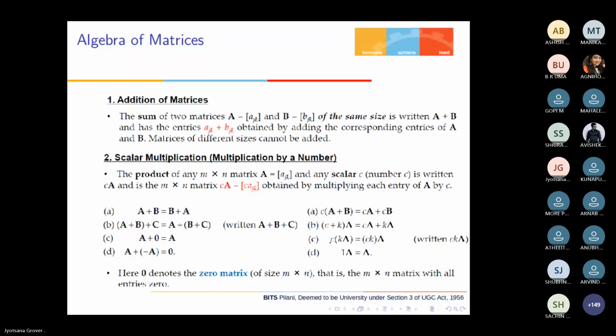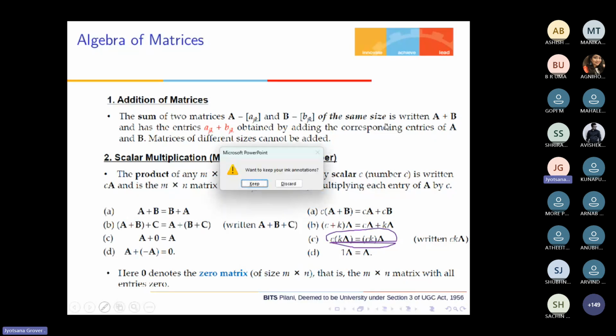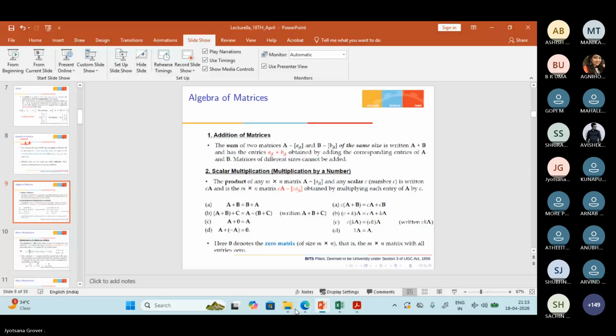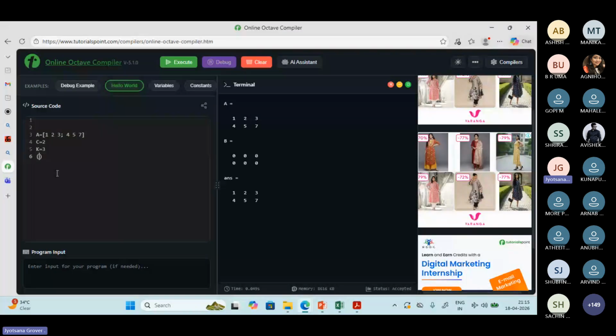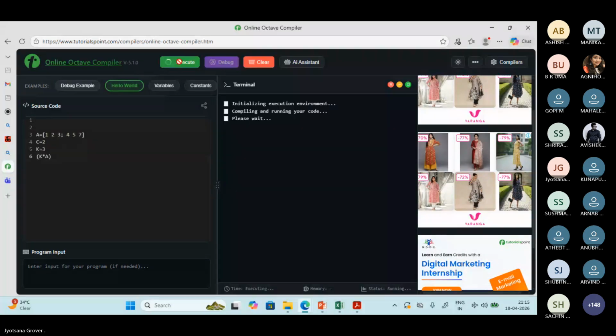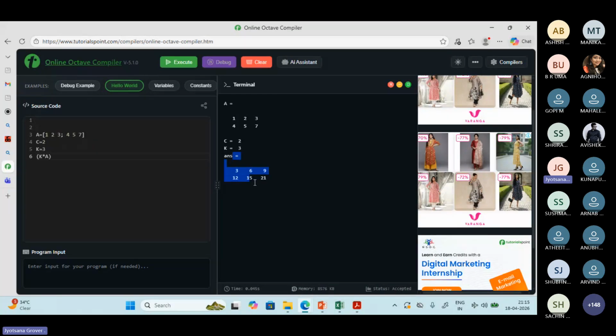First you multiply K with A and then you multiply with C. K into A is, so this is K into A. Now K is 3. So every entry of A gets multiplied with 3.